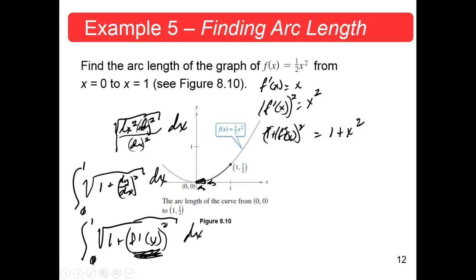Right? And then we want to take a square root of that, the square root of both sides here. That's going to be my integral, the integral from 0 to 1 of the square root of 1 plus x squared dx. Okay, finally we got there.